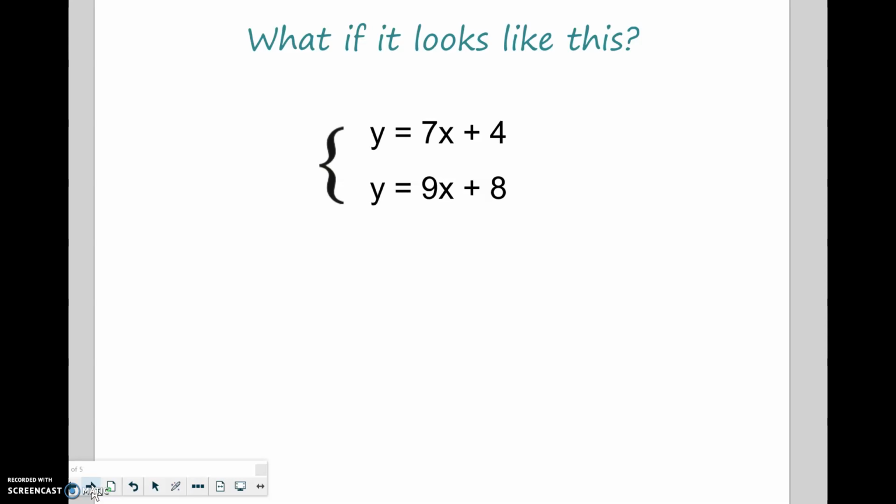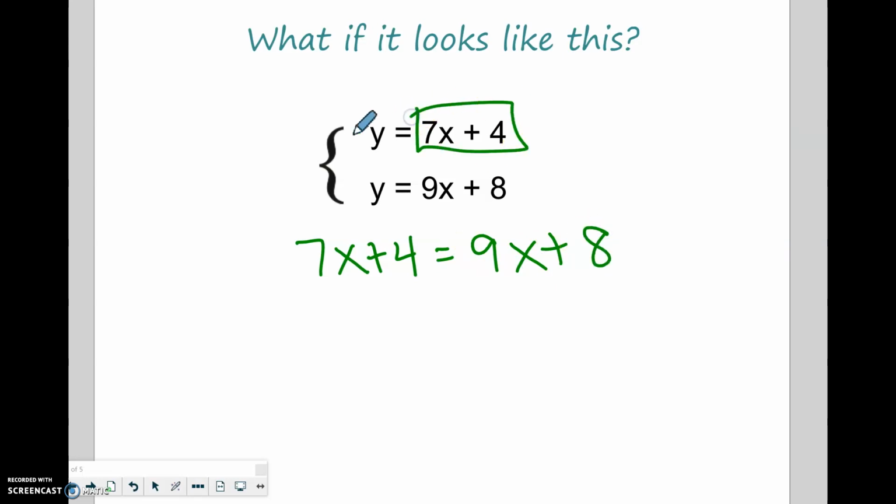It's really the same thing because what we said is we're just going to take the 7x plus 4, put it on one side of the equal sign, and then 9x plus 8 and put it on the other side. Because we know what y is equal to, so we're plugging that in for the y there. So it's really you substituting the 7x plus 4. So you could say this is the setting equal method or just a special kind of the substitution method.